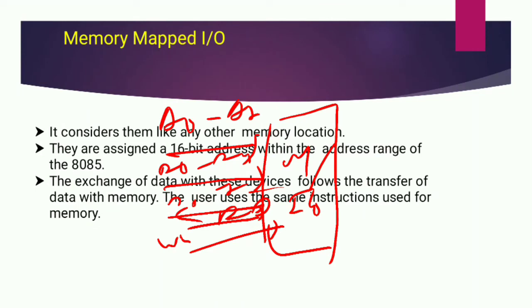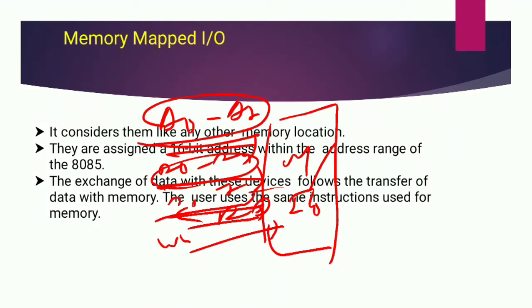The address bus is 16 bits, so there is a higher order address A8 to A15, and a lower order address A0 to A7, and there is an 8-bit data bus D0 to D7.